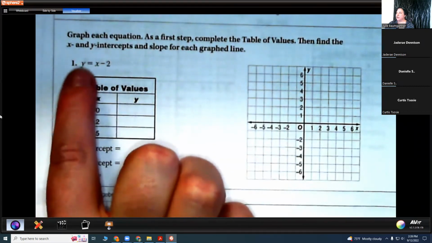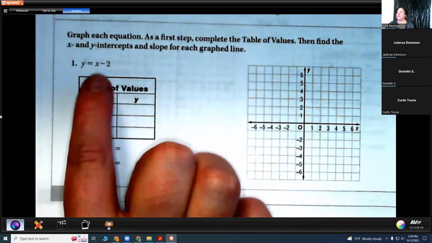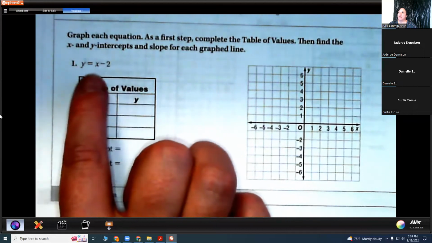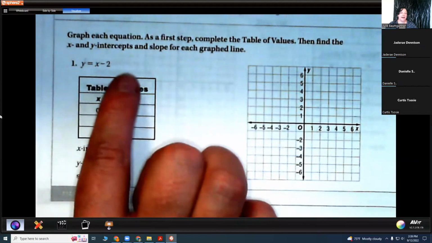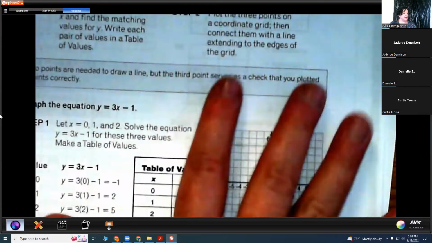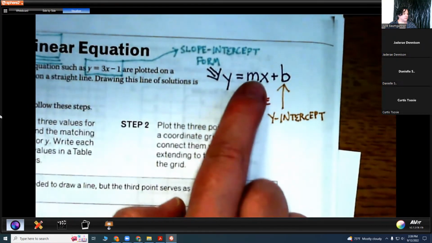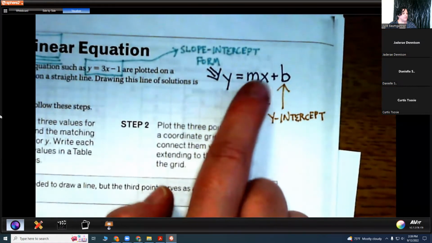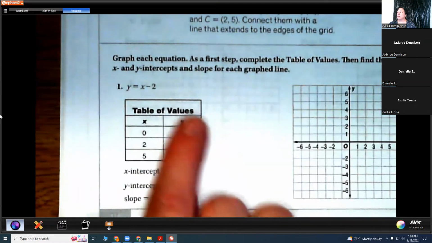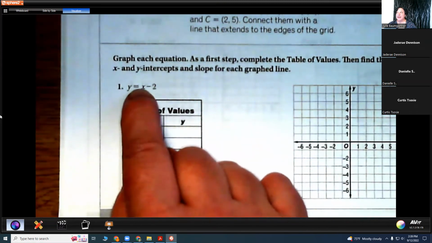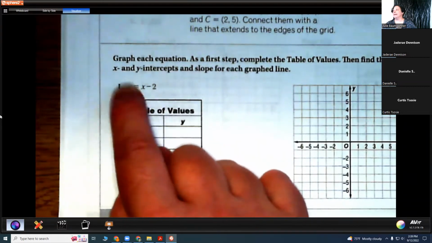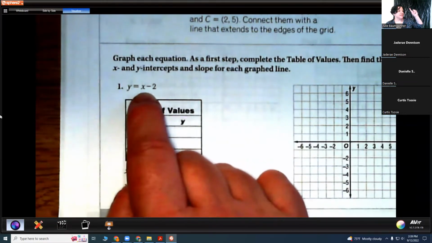So here's your equation. And notice, it's just y equals x minus 2. Remember, if it's just x by itself, your m is like that secret hiding little 1 in front of the x, because we have 1x.